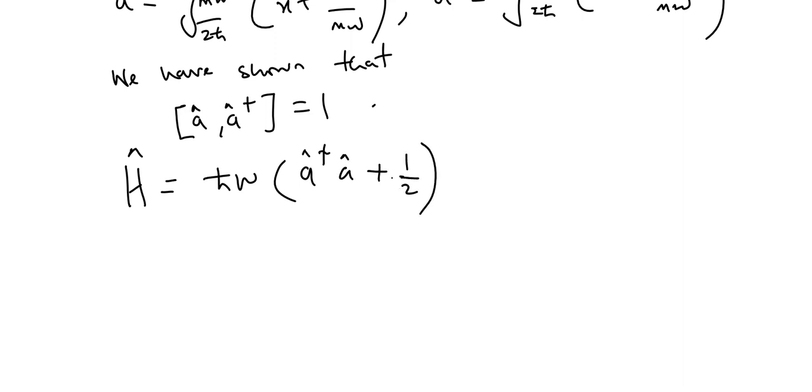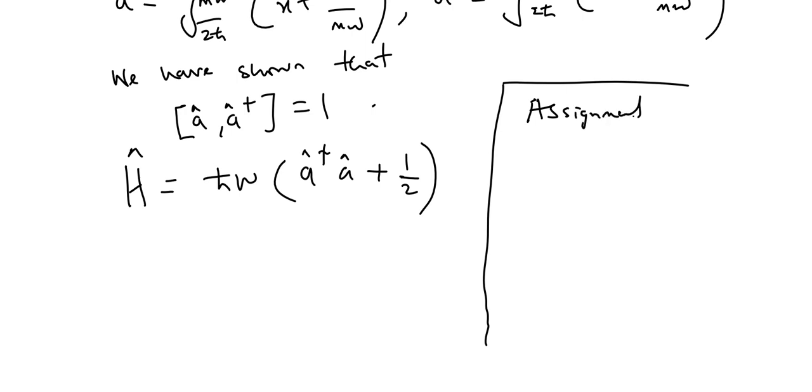We showed this, and I think I gave you an assignment that you should show that we can also write it in the form h bar omega into brackets a a dagger minus half. So you can write it in this form as well.